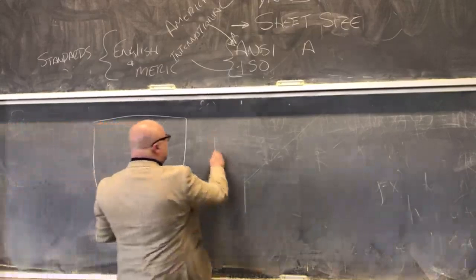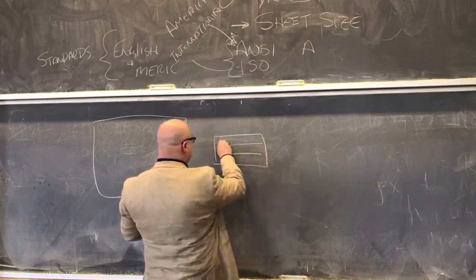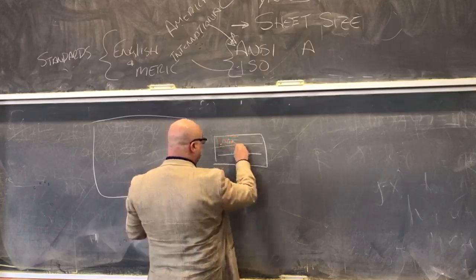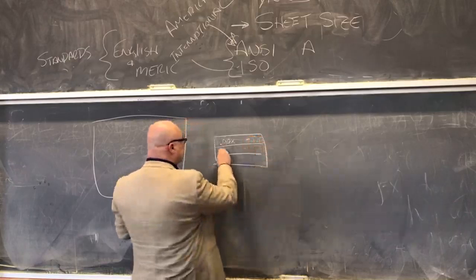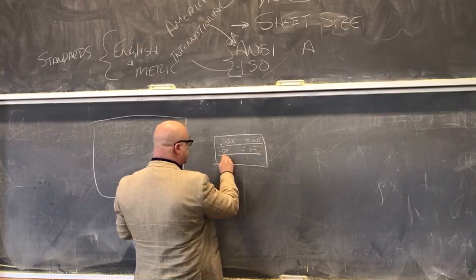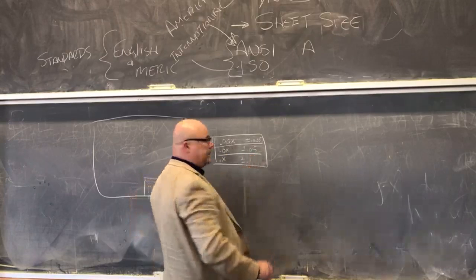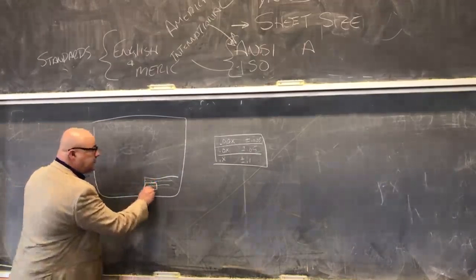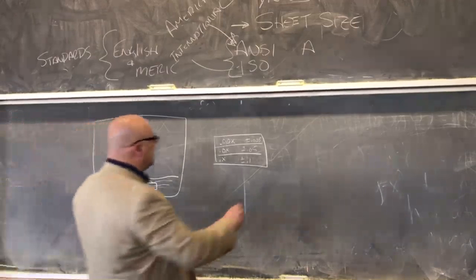And they had something like this: 0.00x plus or minus 0.005 maybe, 0.0x plus or minus 0.05, 0.x plus or minus 0.1, maybe something like that. That goes down right about here in that box. Something like that goes there. What's that called? That's the tolerance block.